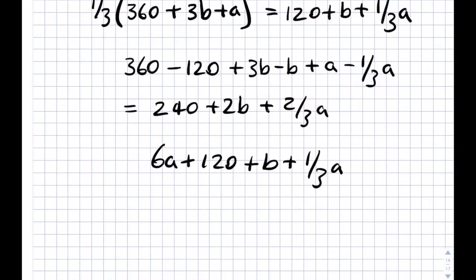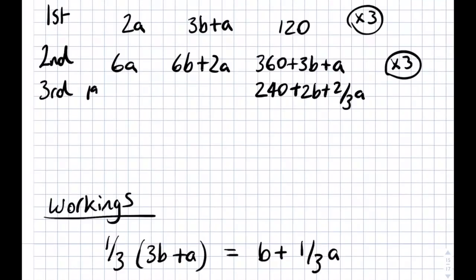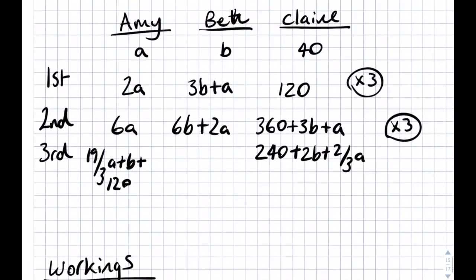Well, 6 plus 1/3 is 19 over 3 a, plus b plus 120. So that becomes 19 over 3 a plus b plus 120. And then Beth's result is still 6b plus 2a.